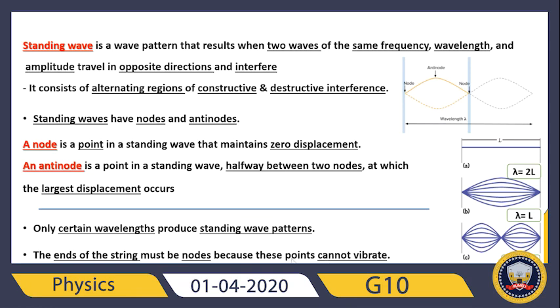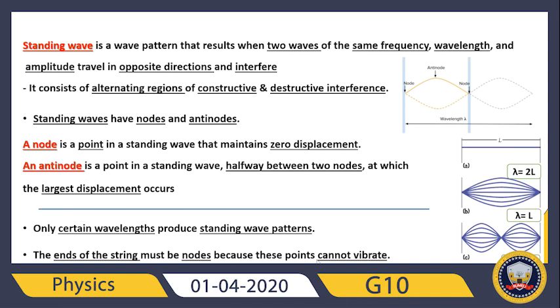A standing wave can be produced by any wavelength that allows both ends to be nodes. The most important thing is that the two ends of the string are nodes.